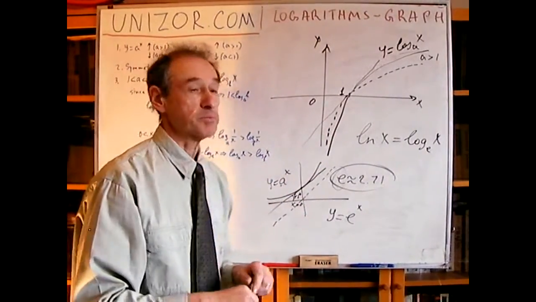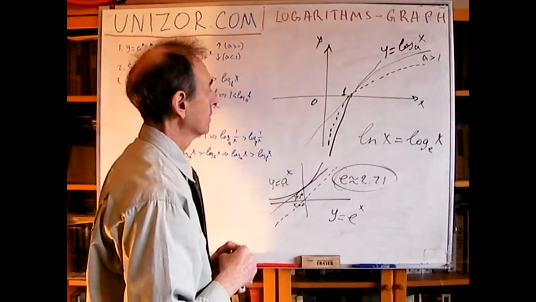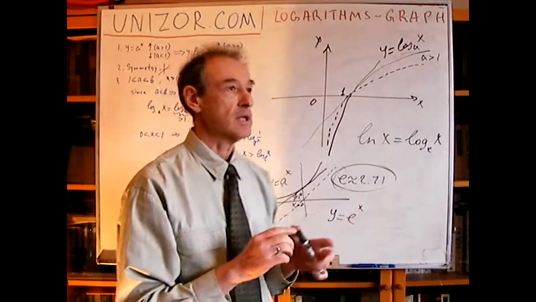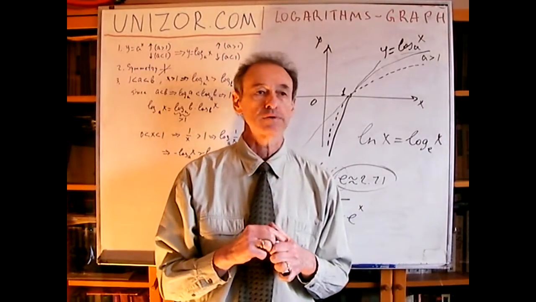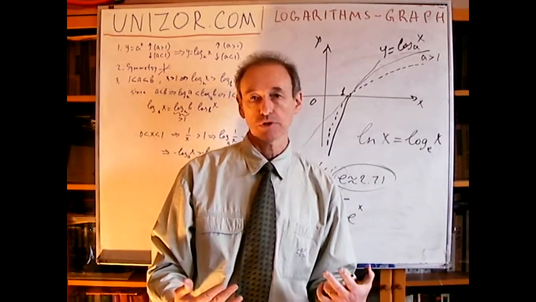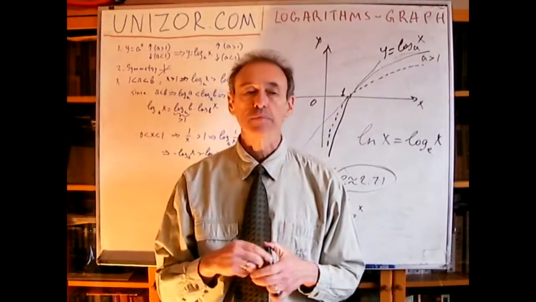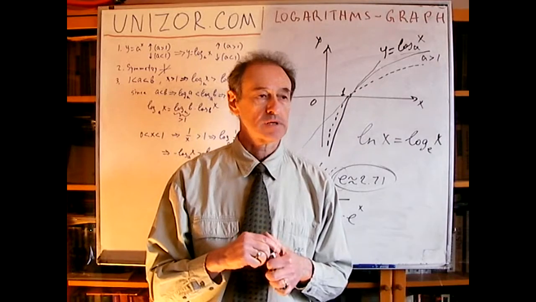So this is the complete picture of the graph, and that basically is all I wanted to talk about as theoretical material. I also had a couple of problems, but these are easy.